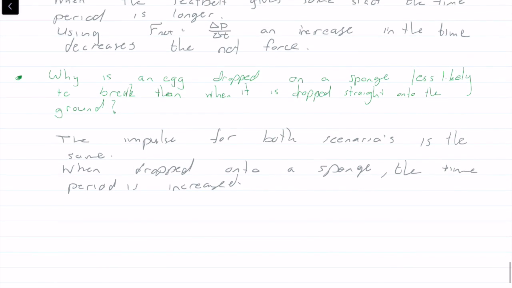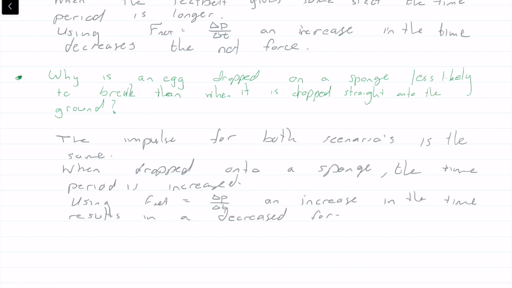Then we can say, using F net is equal to delta P over delta T, an increase in the time results in a decreased force on the egg, and therefore the egg is less likely to crack.